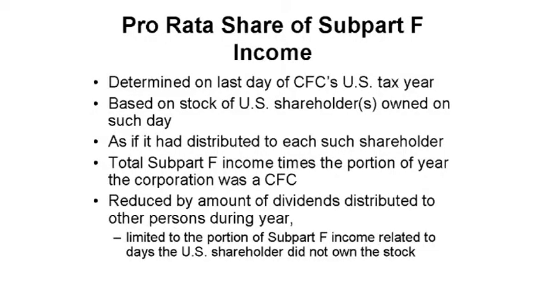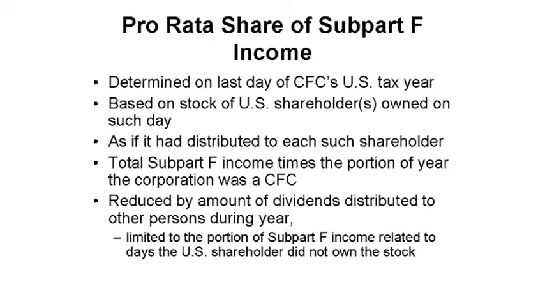The Subpart F income is one amount reduced by another amount. The first is the amount that would have been distributed to that shareholder on the last day of the year if the CFC had distributed pro rata to all shareholders the total Subpart F income for the year times the portion of the year that it was a CFC.